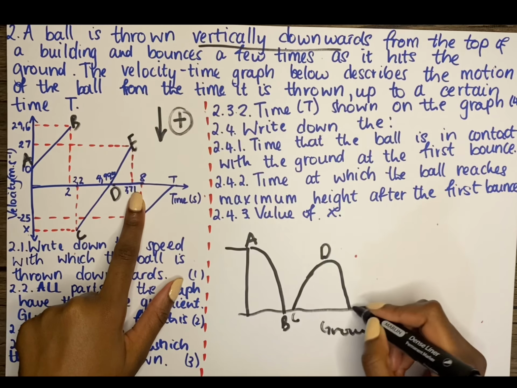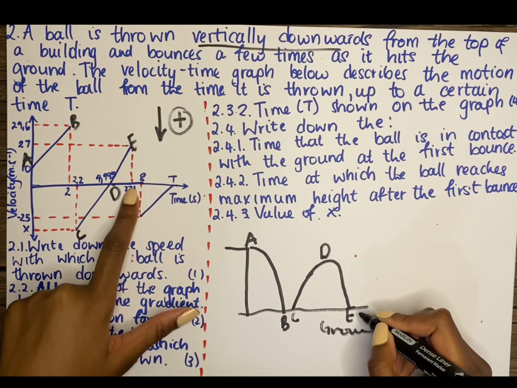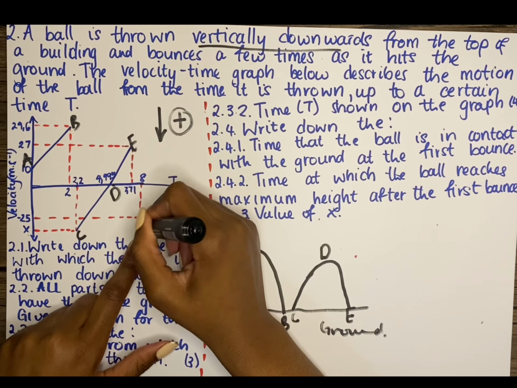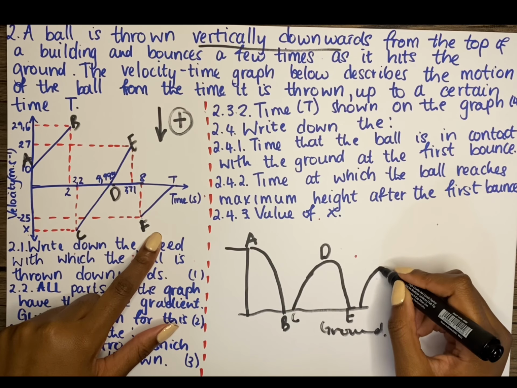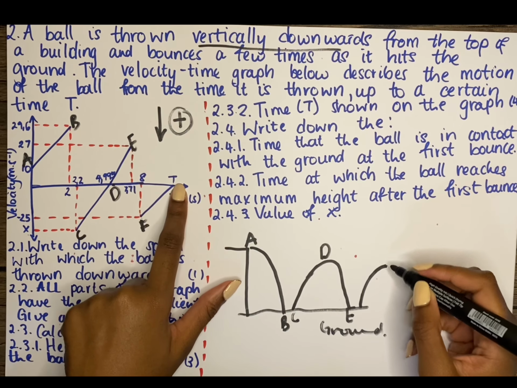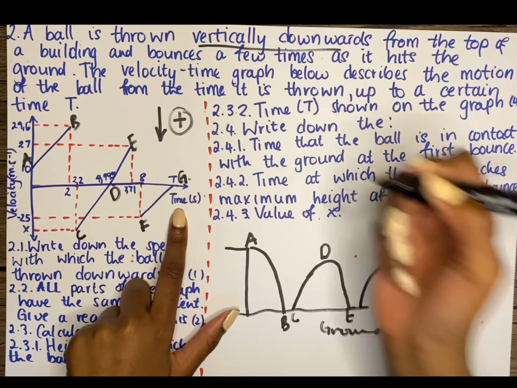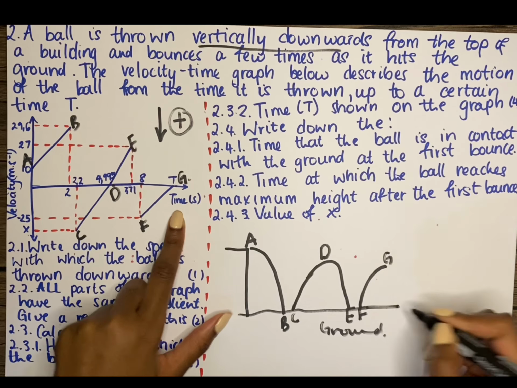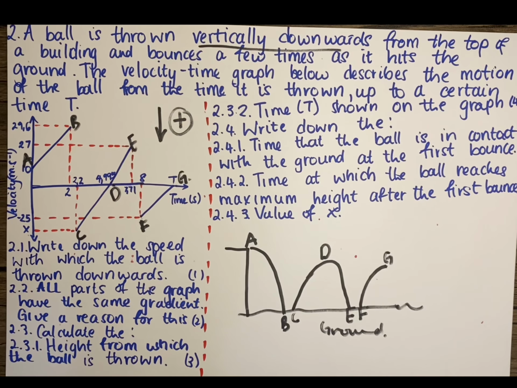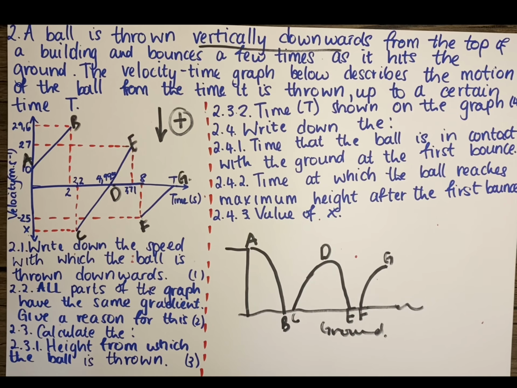Let's call this E, and then it's in contact with the ground for some time and then leaves the ground again, F, and reaches a certain maximum height when the time is T. So that's called F and G, right? So this is basically the motion of the ball, the trajectory of the ball.